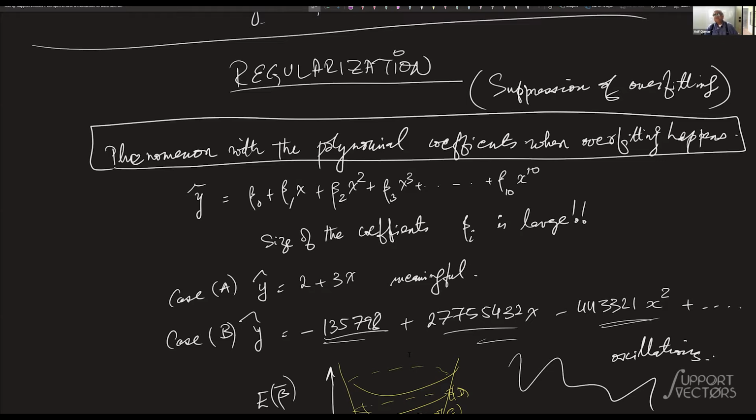There's a very elementary fact for intuition. If you have n points, you just need a polynomial of degree n-1, including the beta naught term. There will be n parameters, or coefficients, the betas.